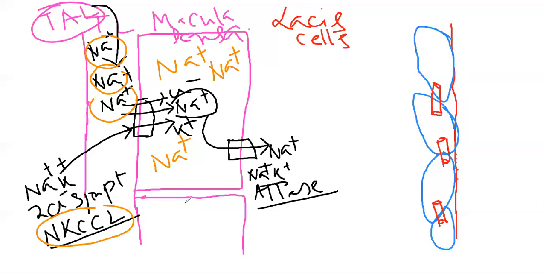But macula densa has a limited capacity for reabsorbing sodium ion by this sodium potassium ATPase pump. As a result, not all the reabsorbed sodium ion will be taken up by this pump, and more sodium ion will eventually accumulate in this macula densa, and that will lead to increased osmolarity of the macula densa.